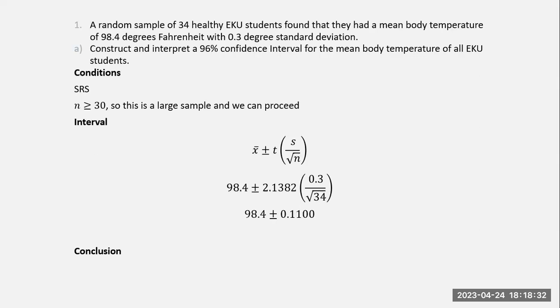Okay, let me take a look. So what I would do is divide by that.